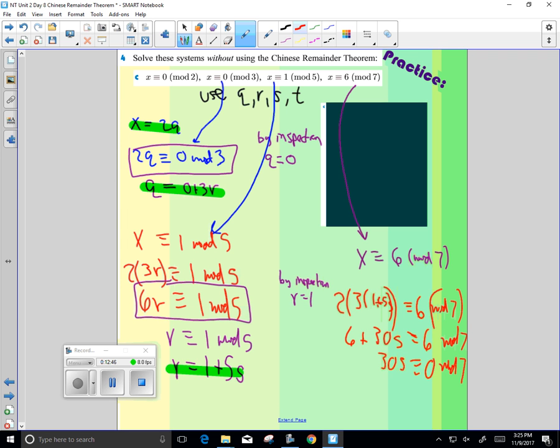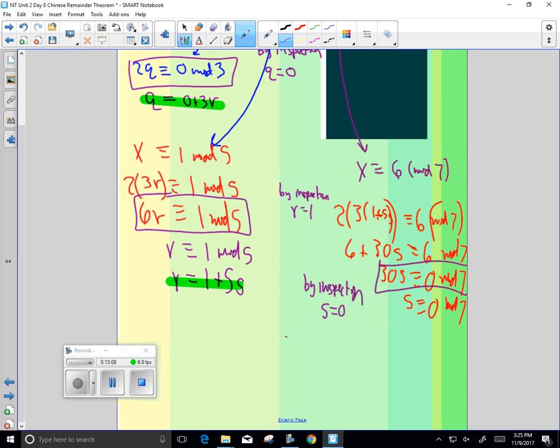So they made it easy for us. s is congruent to 0 mod 7, just again by inspection. Whenever you see something times a variable in a mod, then you're going to do the by inspection thing to figure that out. So then that final equation is going to be s is equal to 0 plus 7t.